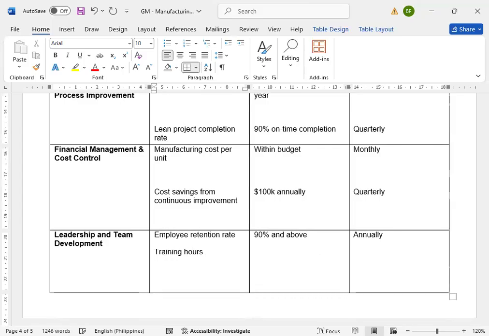Training hours provided to employees. Per employee, you should set a number of hours that each employee should receive in terms of training and development. Deserving people should be given more, key employees, supervisors.